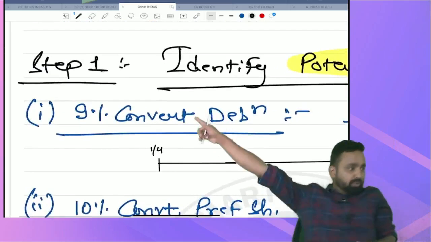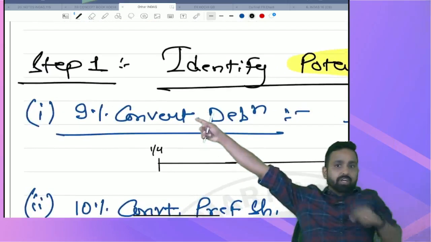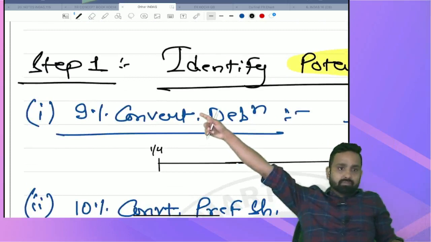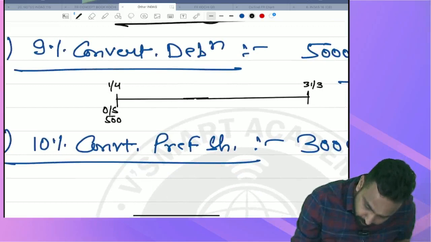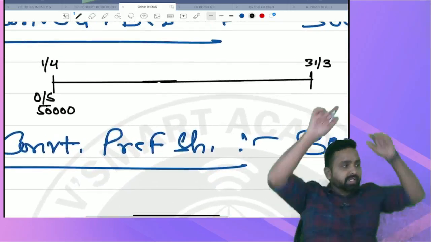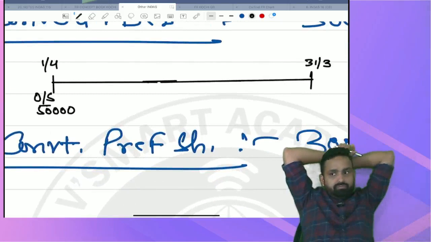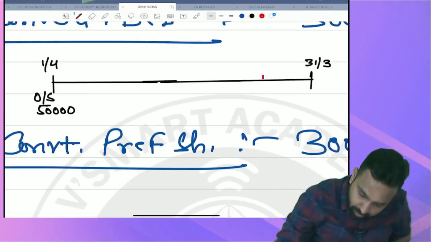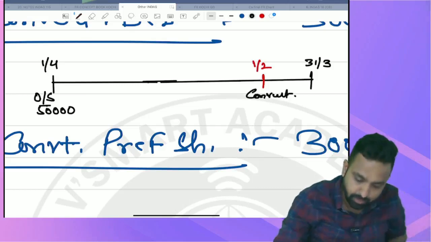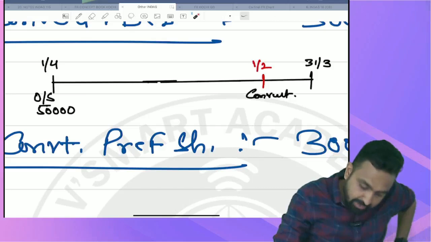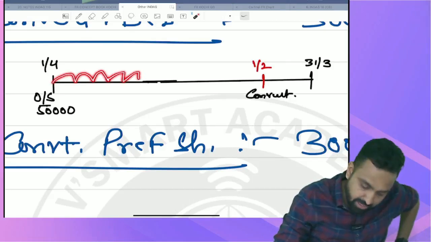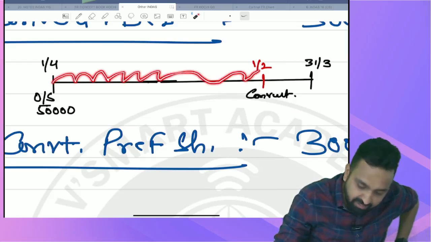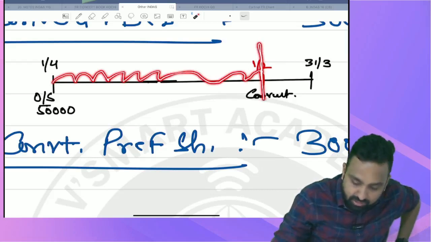They were outstanding since the beginning, and converted in the current year on 1st February.